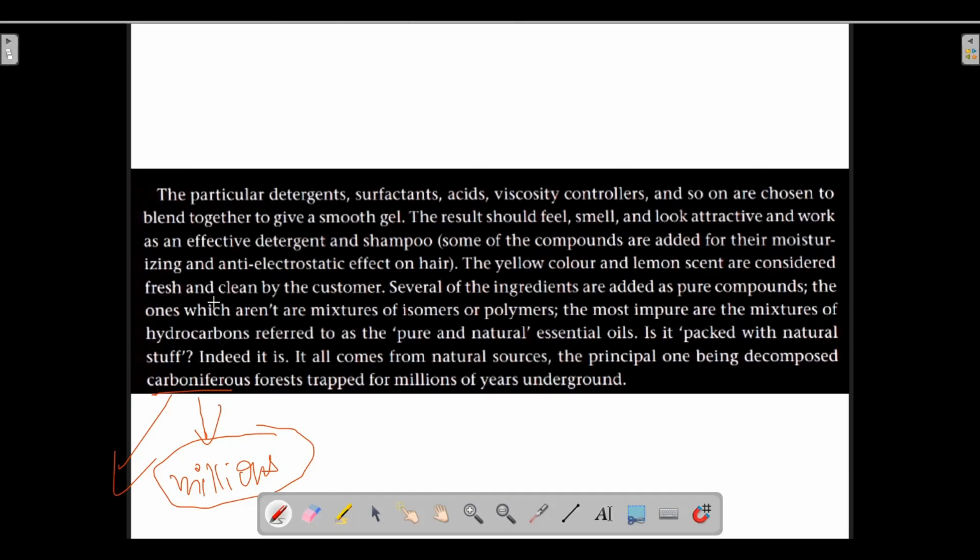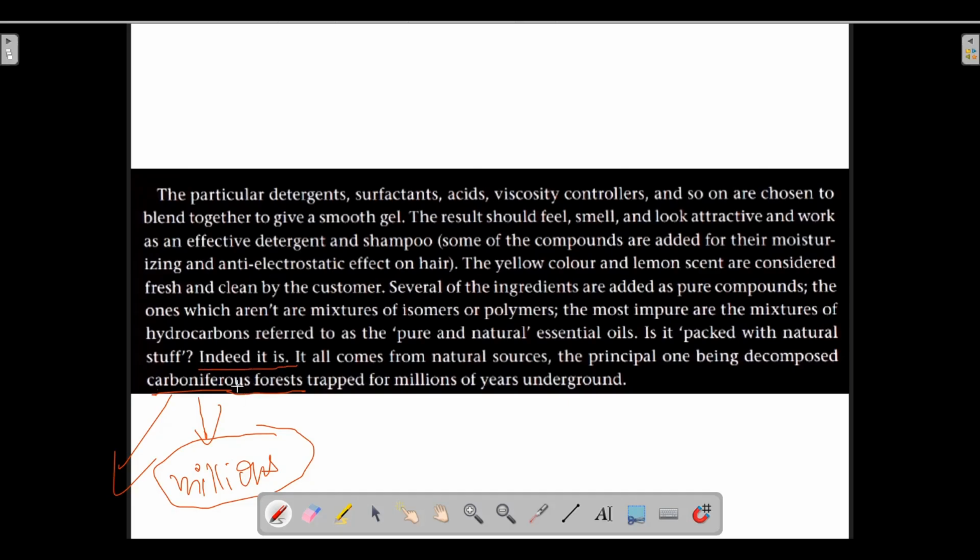All these substances which we have put in the shower gel are indirectly obtained from carboniferous forest, because this forest was buried inside the earth millions of years ago, and is now converted into coal, petroleum, crude oil and all those things. So this is how they are also natural substances. That's what the author is saying.